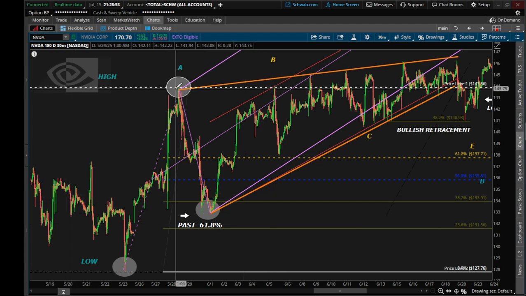Another thing I need to point out is that depending on the time frame, it will depend on how far back you need to go to collect the information you need to go forward on analyzing your chart. For example, on this 30-minute time frame, I have just gone back a couple of months for NVIDIA, but for a 1 hour, 4 hour, or a day, you might need 3 to 6 months, and for weekly time frames, a year to 2 years or something like that.